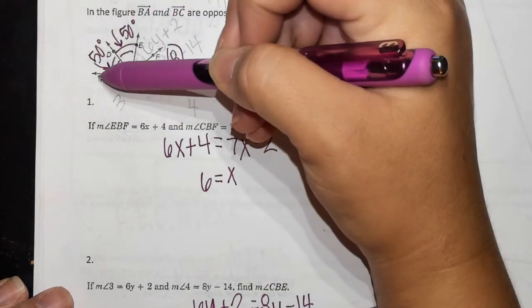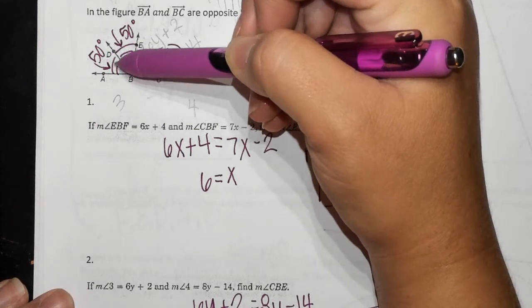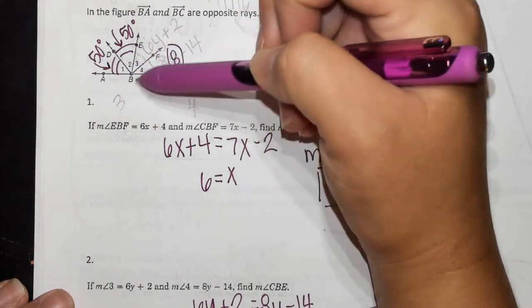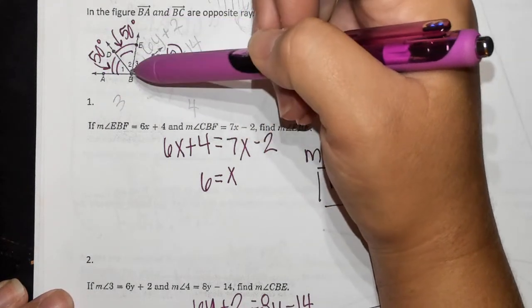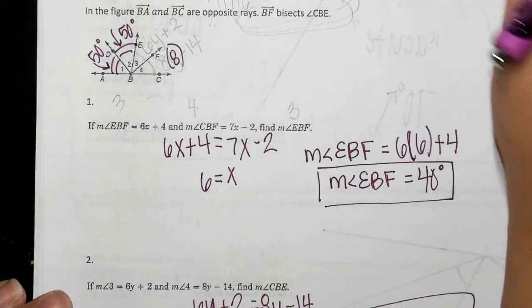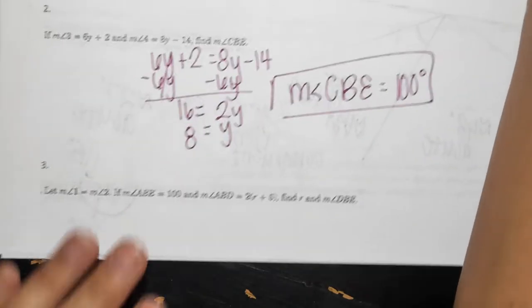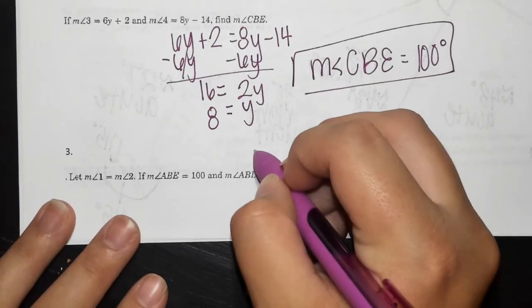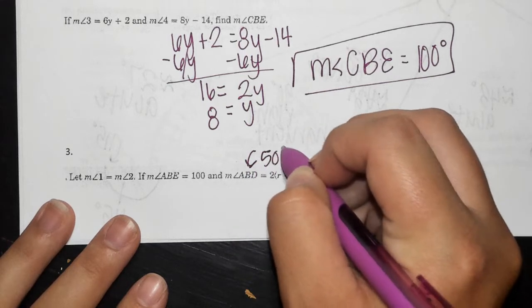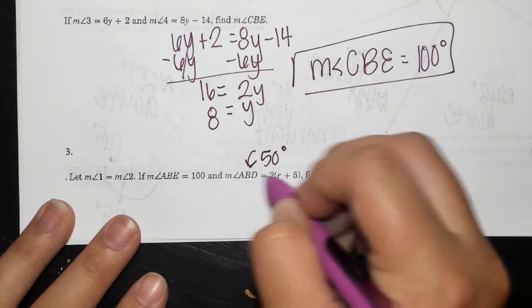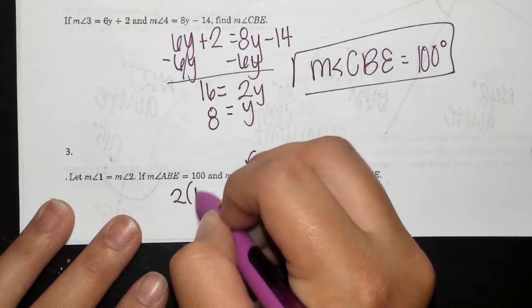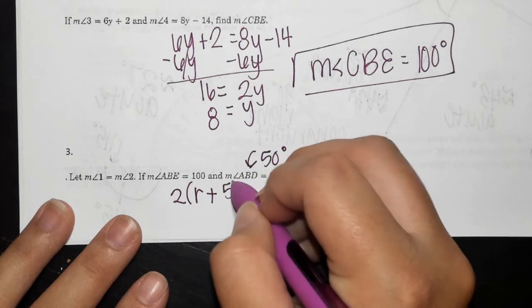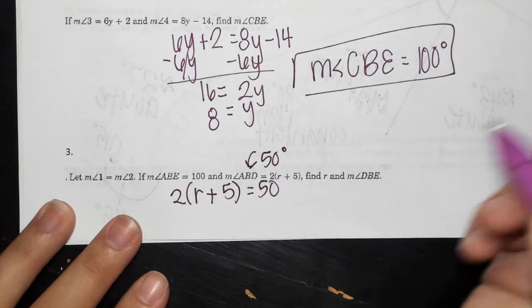A, B, D, from A to B to D, which is half of A, B, E, it is equal to 2R plus 5. So in order to solve for R, this was equal to 50. So instead of writing measure of ABD, let's take 2 times R plus 5 and set it equal to 50.